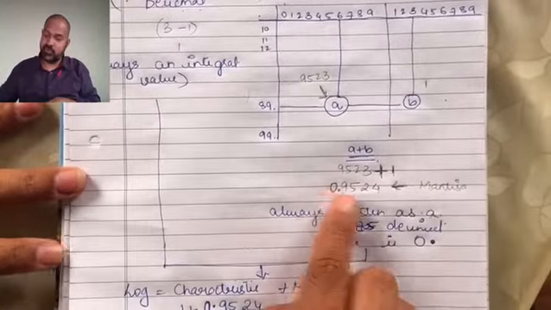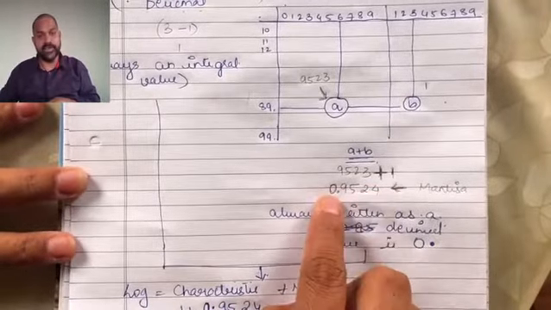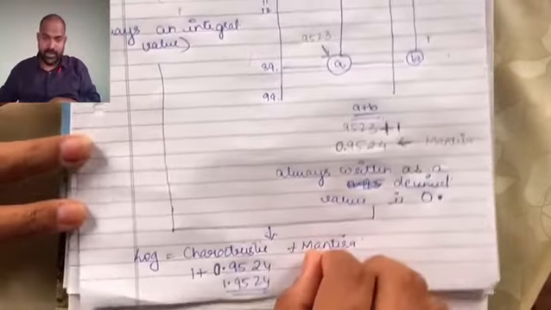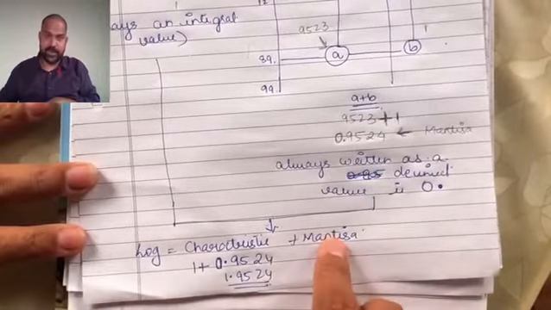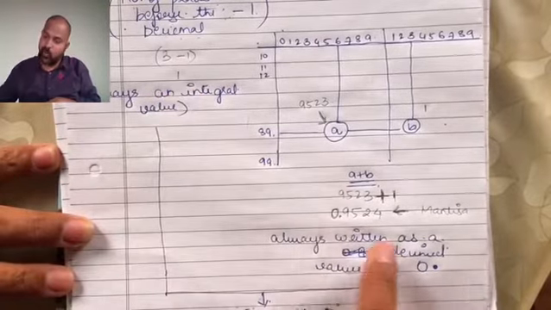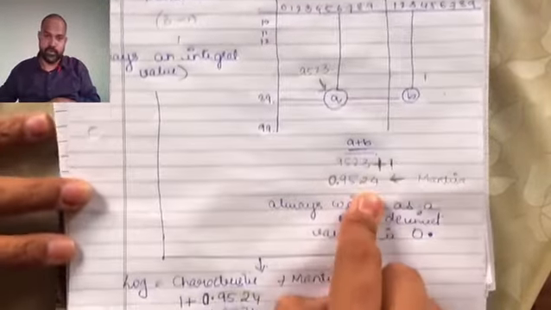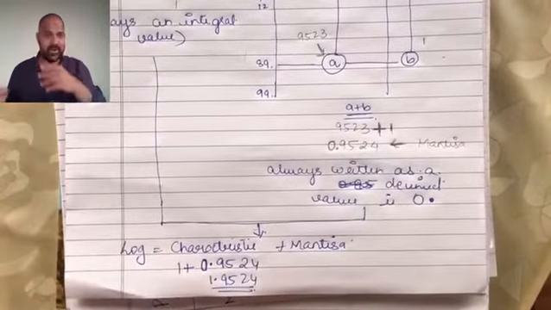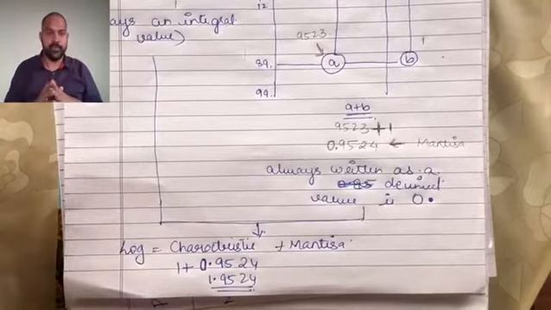The mantissa is always a decimal value, always written as 0 point whatever the value is. You bring the two together and log is characteristic plus mantissa. So 1 plus 0.9524 is going to be 1.9524, and that is how you take a log of a number.